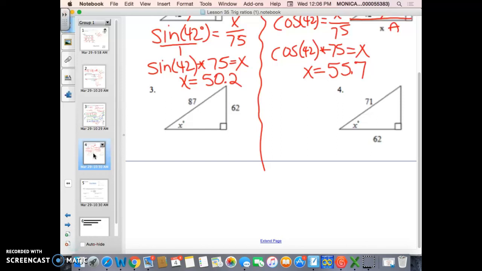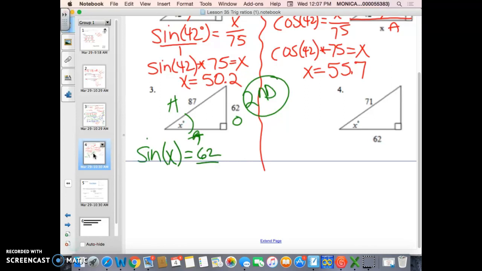All right, now let's look at how this is a little bit different when I'm looking for an angle measure. Remember, when I'm looking for the angle measure, I have to hit the second button. Okay, so in this situation, I'm going to always label my triangle first. This is opposite, and this is hypotenuse. This is adjacent, but I don't have any information here, so I'm not going to use it. So opposite hypotenuse is the sin of x equals 62 over 87.